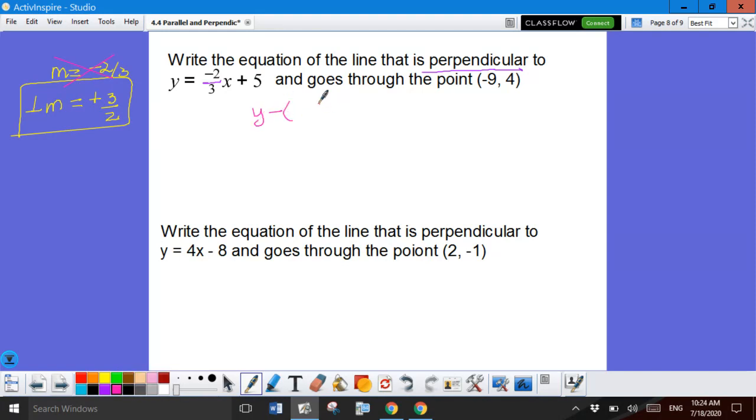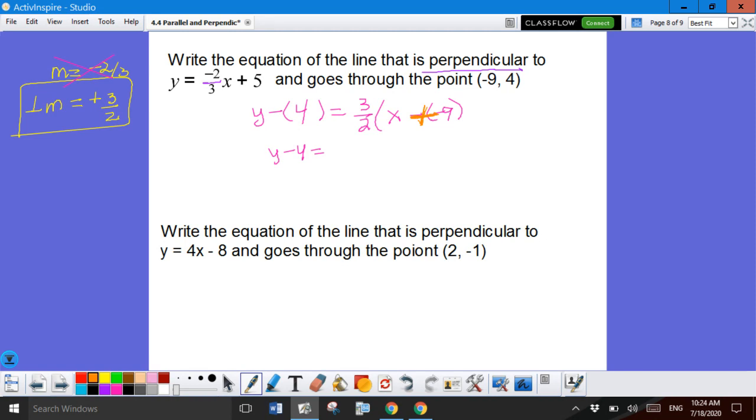So y minus, I'm going to put in the perpendicular slope, and x minus, so here's -9, and there's a 4. So y minus 4. And if I want to start shortcutting a little bit, I can see that's going to be a plus sign. So I'm going to make that just a plus sign and save myself writing that down.